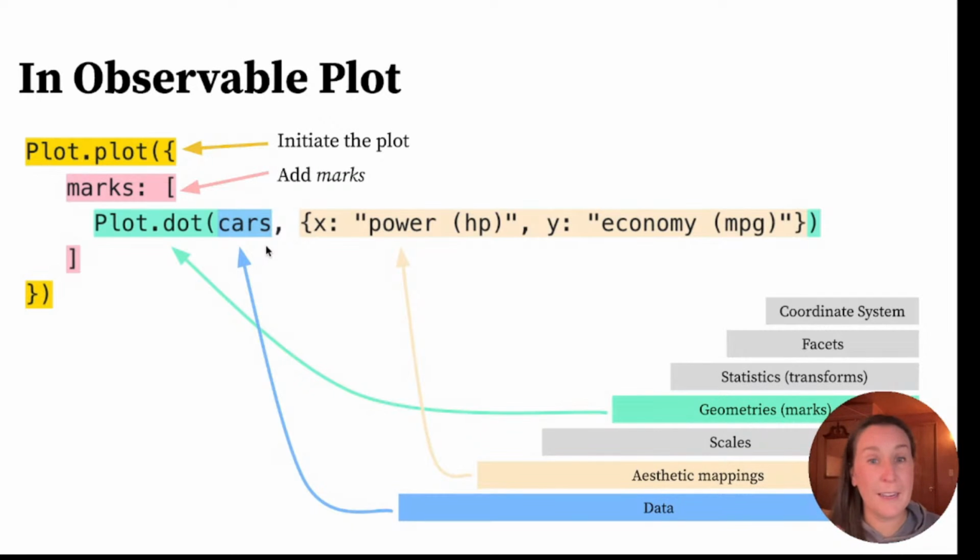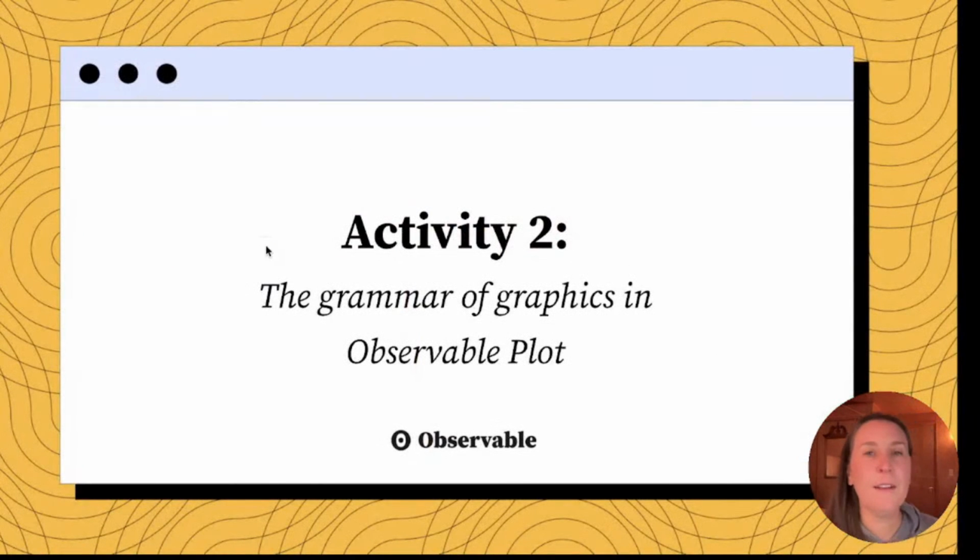So even in this minimum viable example, we have a lot of different components of the grammar of graphics represented. So let's go ahead and check out another example in Activity 2, where we explore a little bit more deeply the grammar of graphics in Observable Plot.